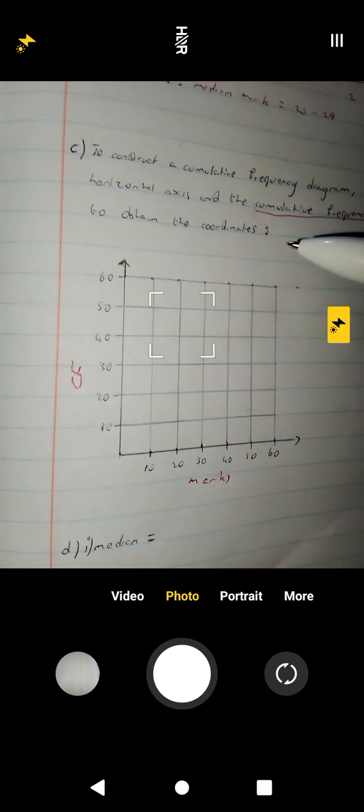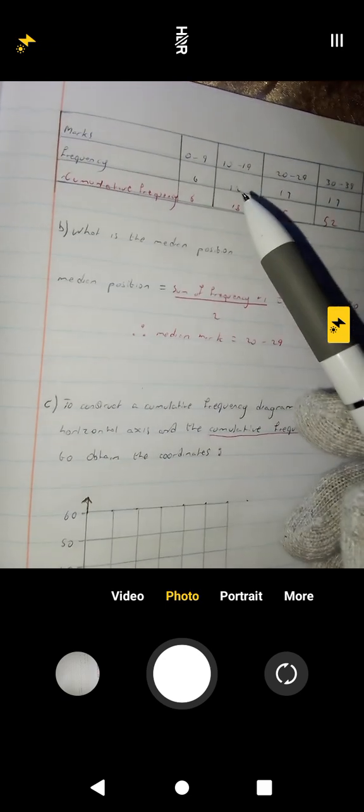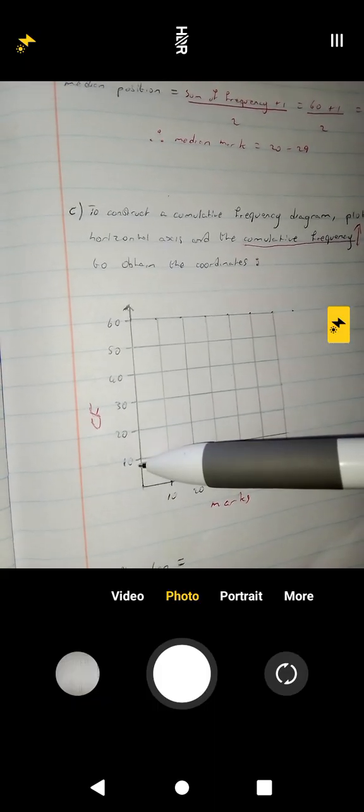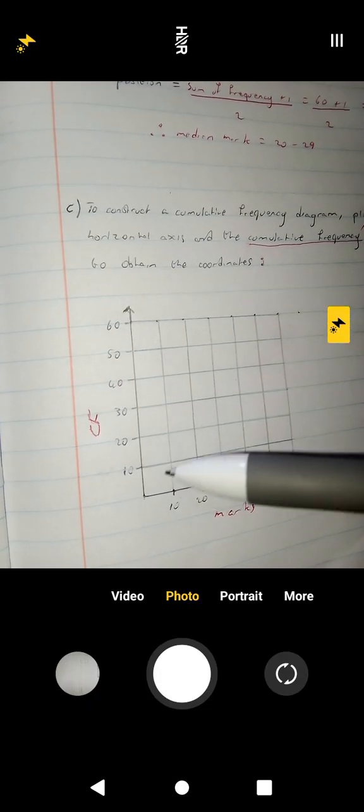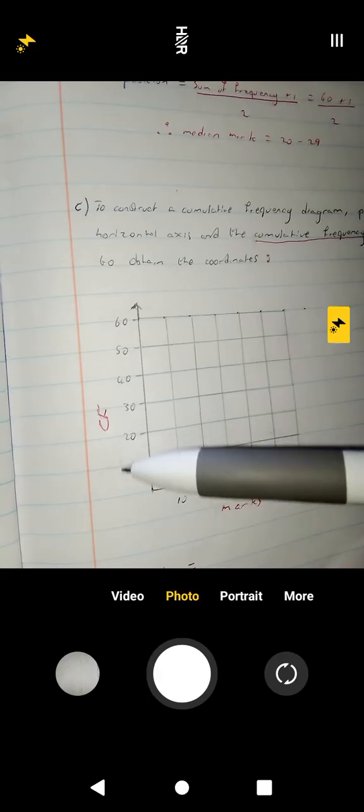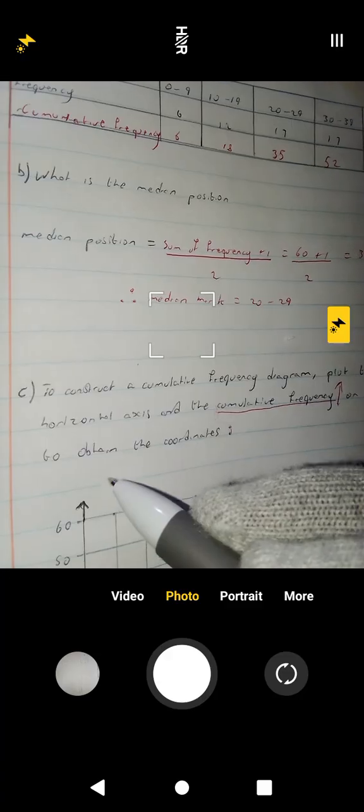Okay, so now what about the coordinates? For the coordinates, we refer to the cumulative frequency table. Remember, we have the marks versus cumulative frequency, which means our ordered pairs shall be marks, comma, cumulative frequency. For example, our first ordered pair shall be 9,6. So we shall obtain the coordinates.